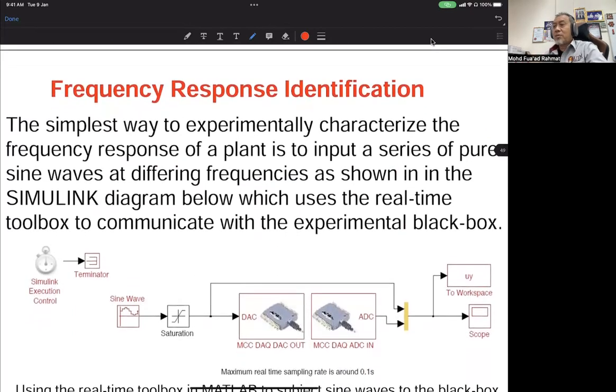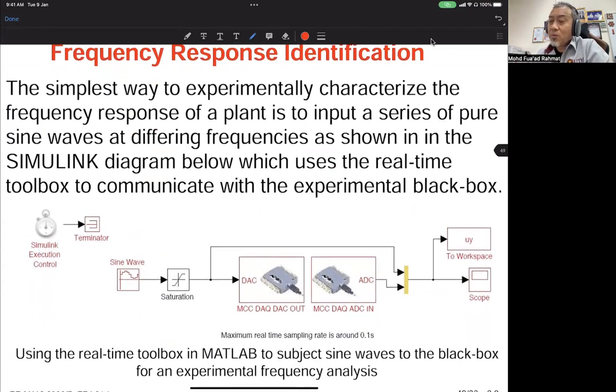So that is for the time response, and then for the frequency response, identification is the second one, which is the simplest way to experimentally characterize the frequency response of a plant by injecting a sine wave to the unknown system, and then capture the data and save it in the workspace.